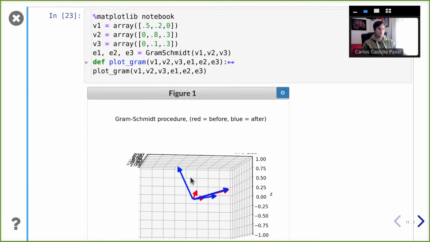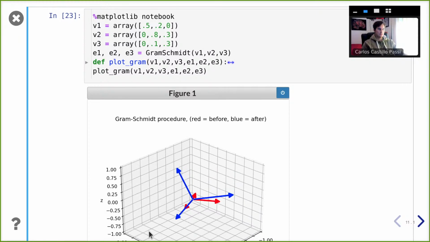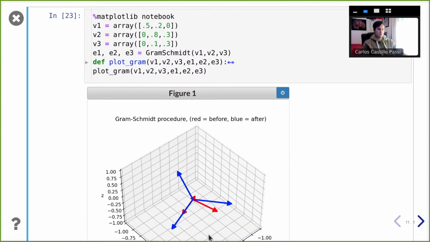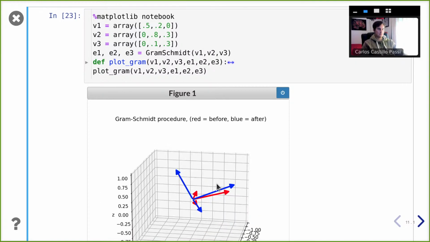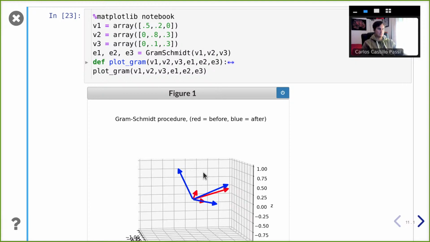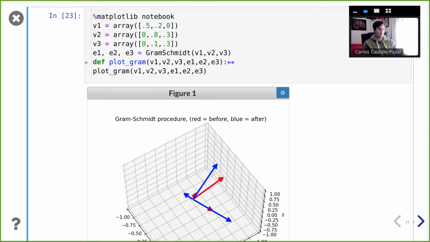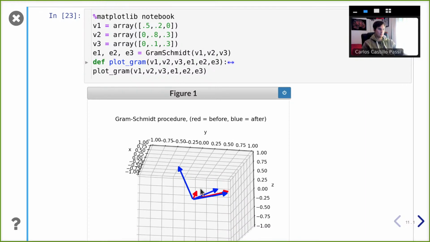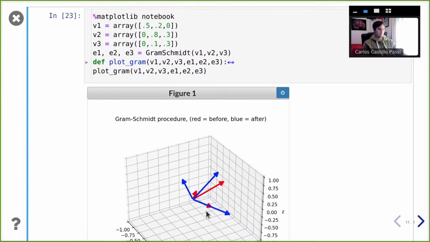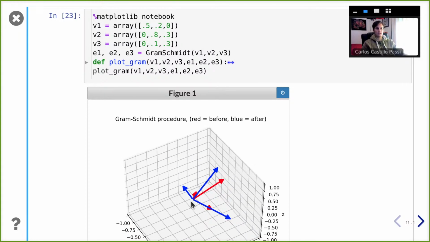So you can see here they are not orthogonal. This is a very tiny vector going in this direction. This one is going in that direction. If you look at them from this angle, you can see that those vectors are not orthogonal. They do not have right angles between them.